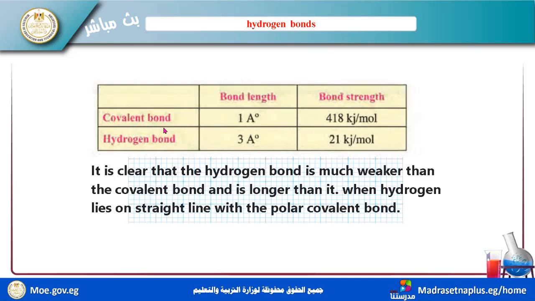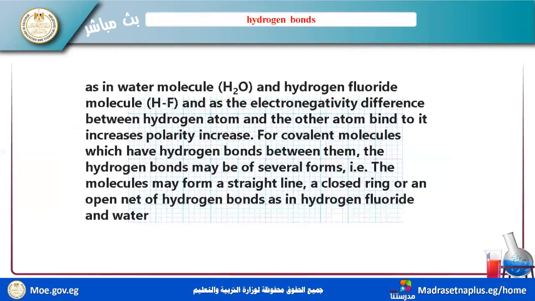It is longer when hydrogen lies in a straight line with the polar covalent bond. Hydrogen bonds occur as in water molecules H2O and hydrogen fluoride molecules HF, depending on the electronegativity difference between the hydrogen atom and the other atom bound to it. I have factors that affect the strength of the hydrogen bond.